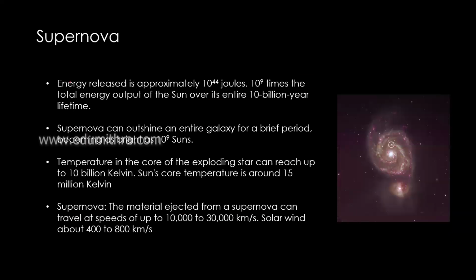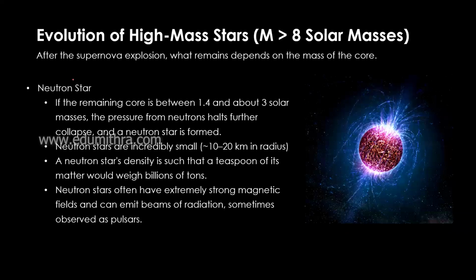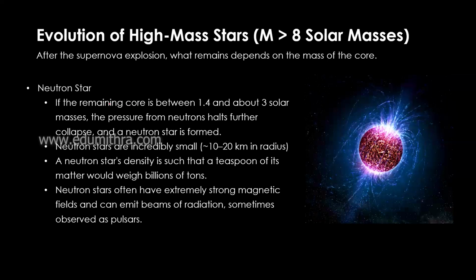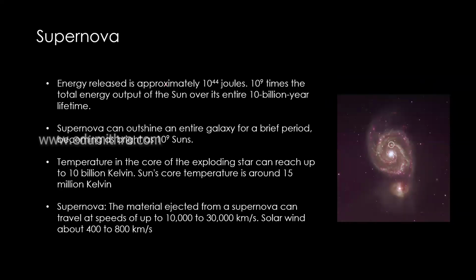And there are some interesting facts about supernovae. I said already that it is one of the most energetic phenomena in the universe, and its energy generated is 10 raised to 44 joules, and it happens within a week. The maximum lifetime of a supernova is something around weeks to months.